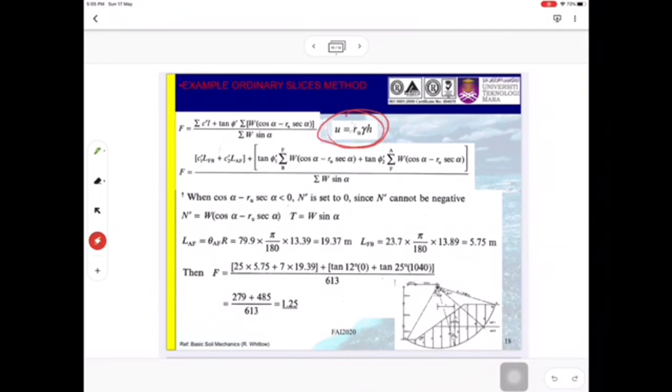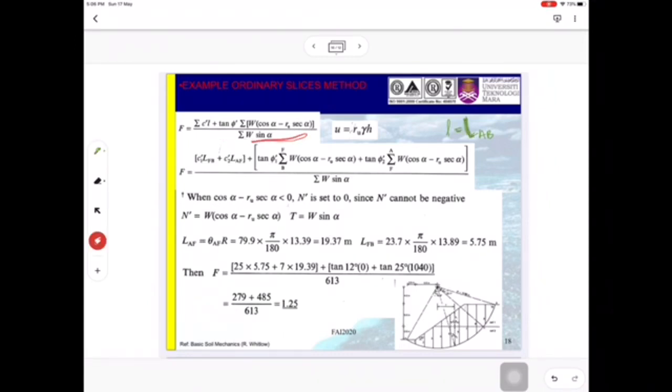So this is the one that I told you. U is because RU gamma H. So use this equation, just a little bit different from the previous one. The first part is still the same. C prime L, this L is actually L AB.